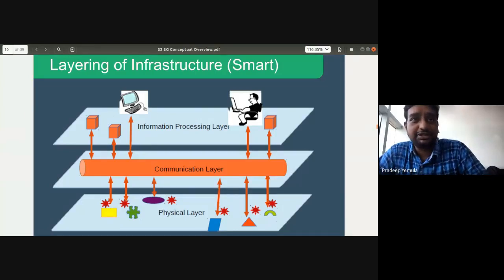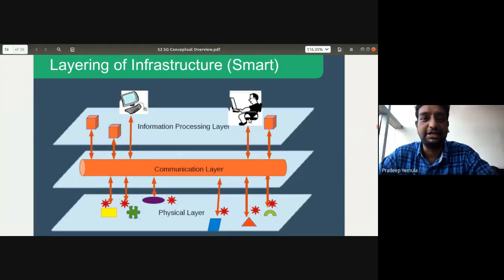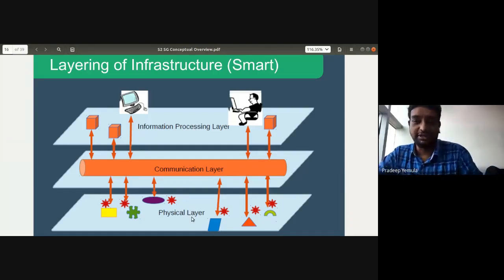Now there is a computer and there is a human operator. You can do all kinds of software processing of the data. And the arrows are bidirectional. That means after processing the information, if any decision is taken, that decision can be communicated down to the physical layer. So some control action, some switch is being opened, some generator is being disconnected.